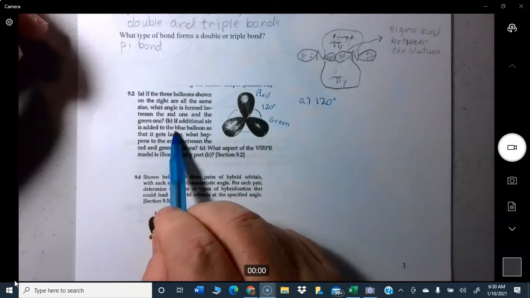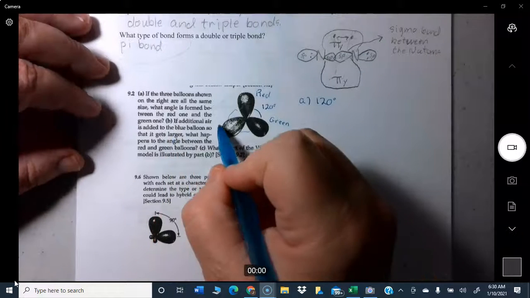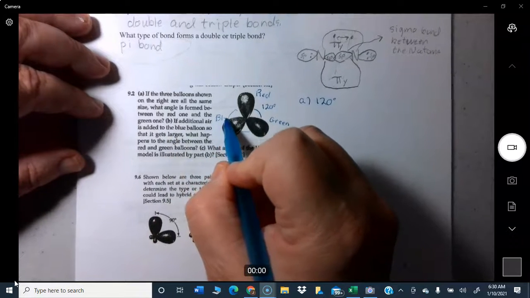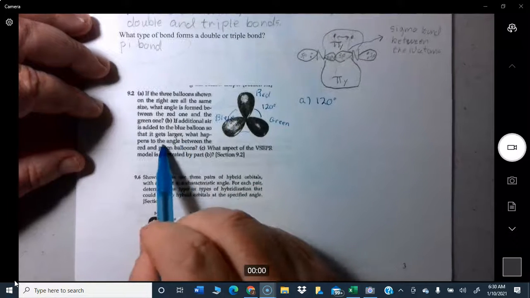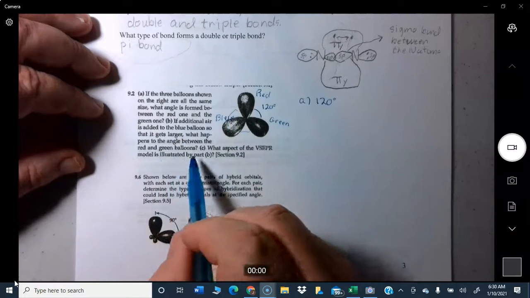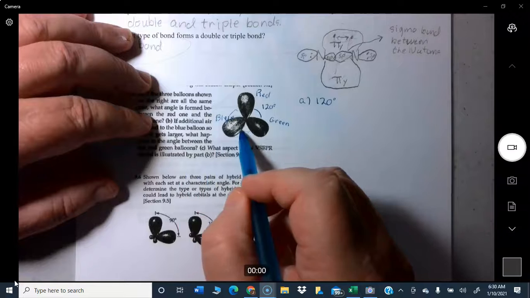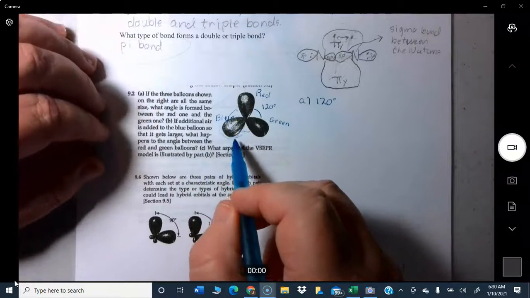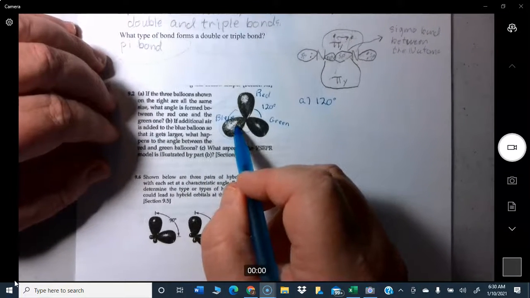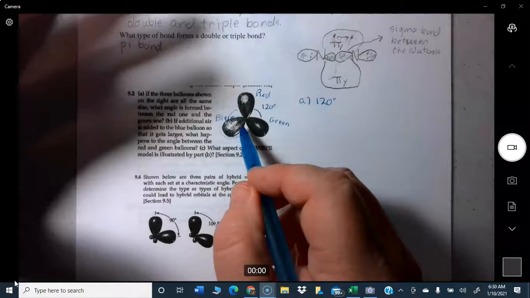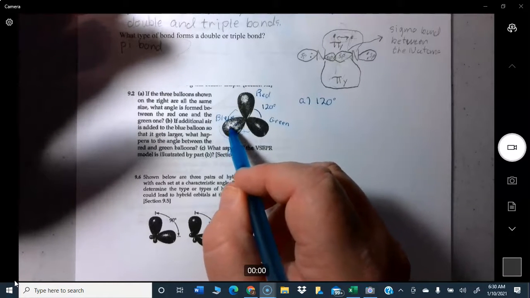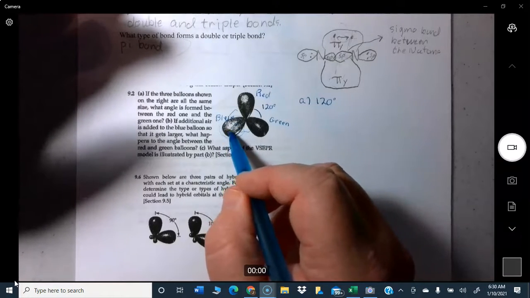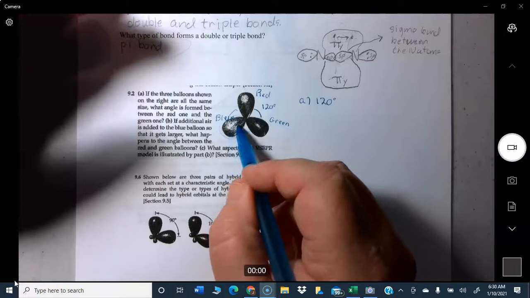If additional air is added to the blue balloon, so I guess this one's blue, so that it gets larger, what happens to the angle between the red and green? If you expand this, what this is simulating is a lone pair. Lone pairs are effectively like expanded electrons over here. Why is that? Because they don't have any nucleus of an atom, protons, to offset the negative charge.